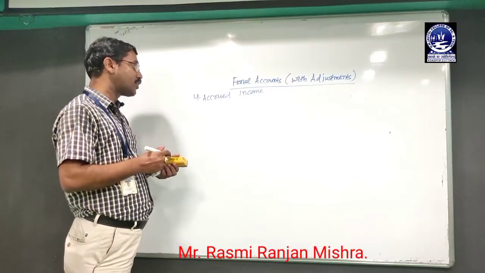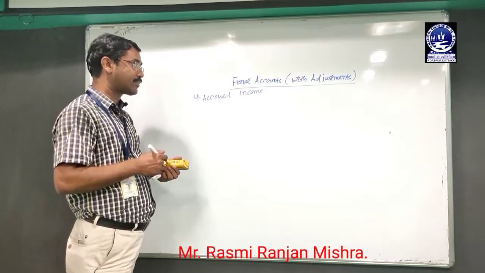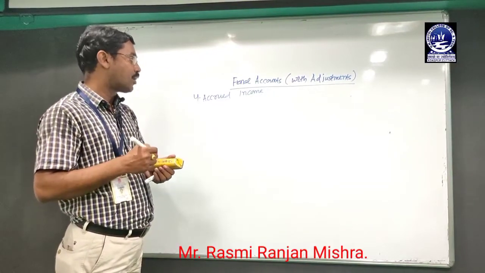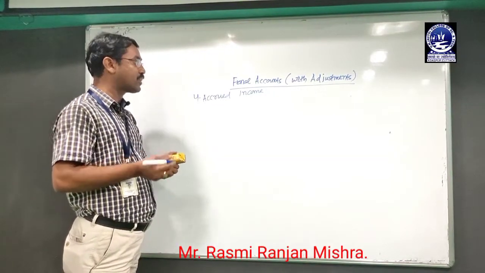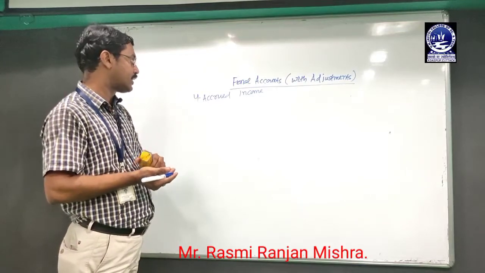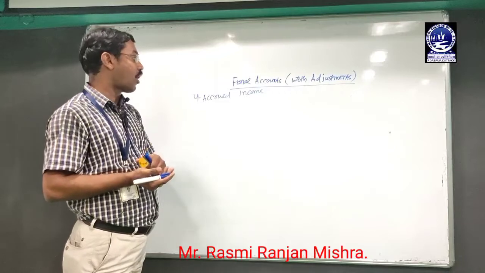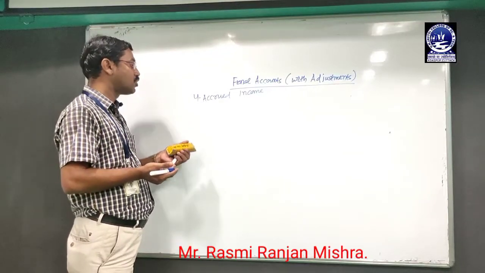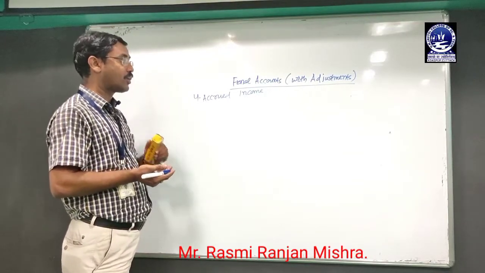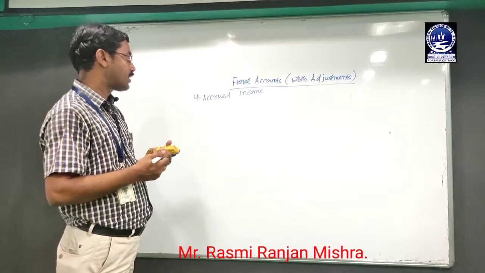So as it is income but not received in cash, we must add it to the particular head of income, whether direct or indirect. The second treatment, as it is earned but not received, we must show it as an asset on the asset side of the balance sheet.